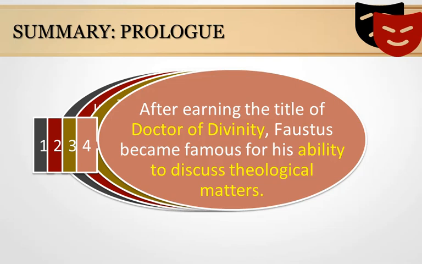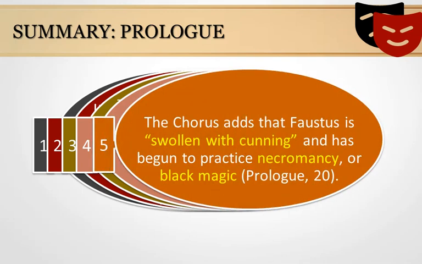And this is so important, his education and his ability to discuss theological matters. We will know why later on throughout the discussion of Dr. Faustus. The chorus adds that Faustus is swollen with cunning and has begun to practice necromancy or black magic.